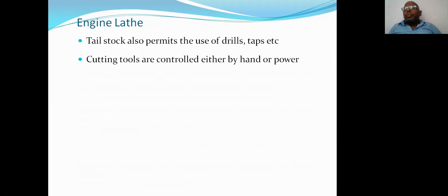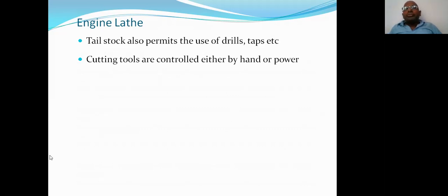So drilling operation on either a small job or a larger job is possible on a lathe machine in one single case only, that is, whenever the hole position is exactly at the center of the axis. If the drilling is at some distance from the axis or perpendicular to the axis, in that case drilling operation should not be performed on lathe machines.